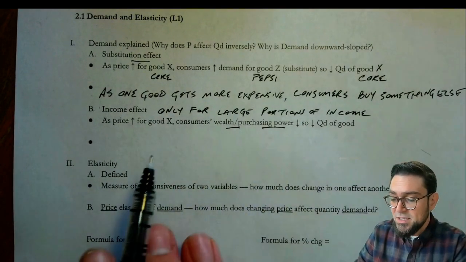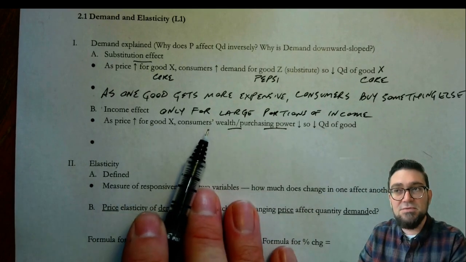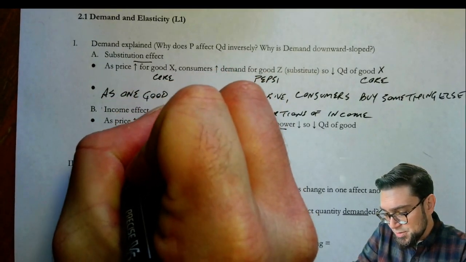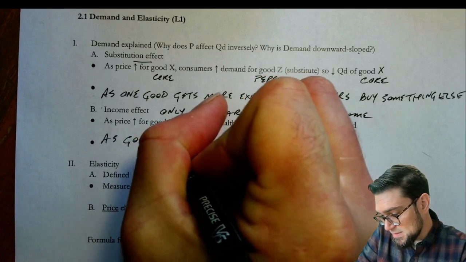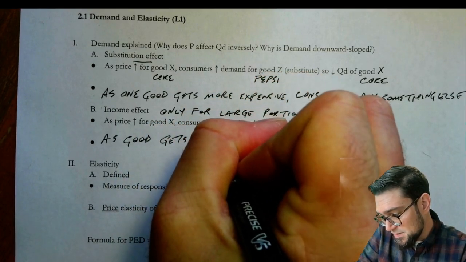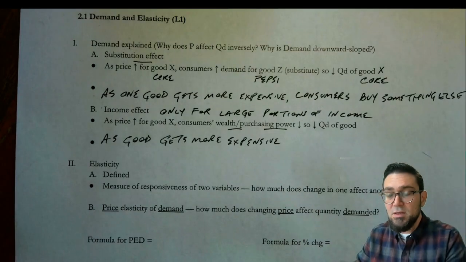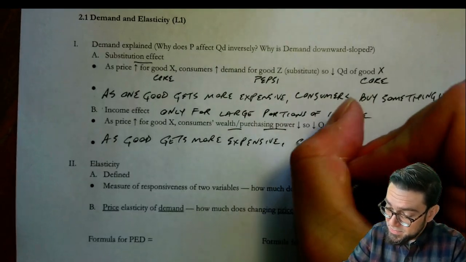This one is saying that when housing gets more expensive or when transportation gets more expensive, as a good gets more expensive, they may not necessarily be able to buy something else.